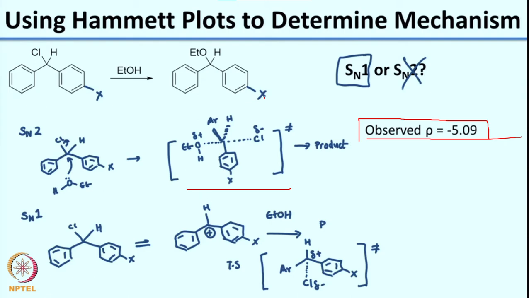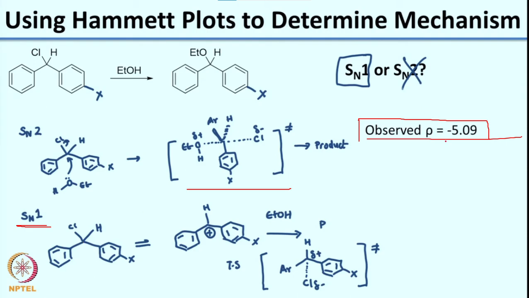We have discussed that electron releasing groups stabilize the carbocation generated at the alpha position. So when an electron releasing group is present, it will favor the SN1 mechanism. But in the case of SN2, an electron releasing group will not affect it as much compared to SN1.